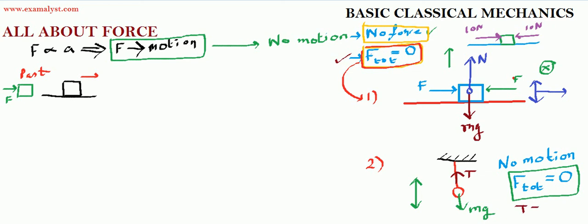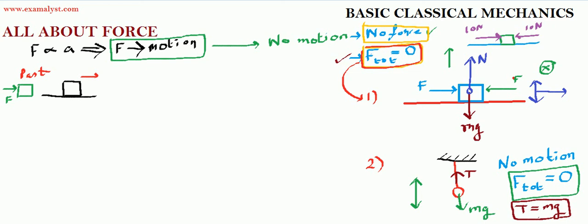And why do you consider the upward force? Because your law says that if the total force is zero, then there is no motion. So if there is a force mg acting downward and you want the total force on the ball to be zero, you are bound to define another force called the tension.